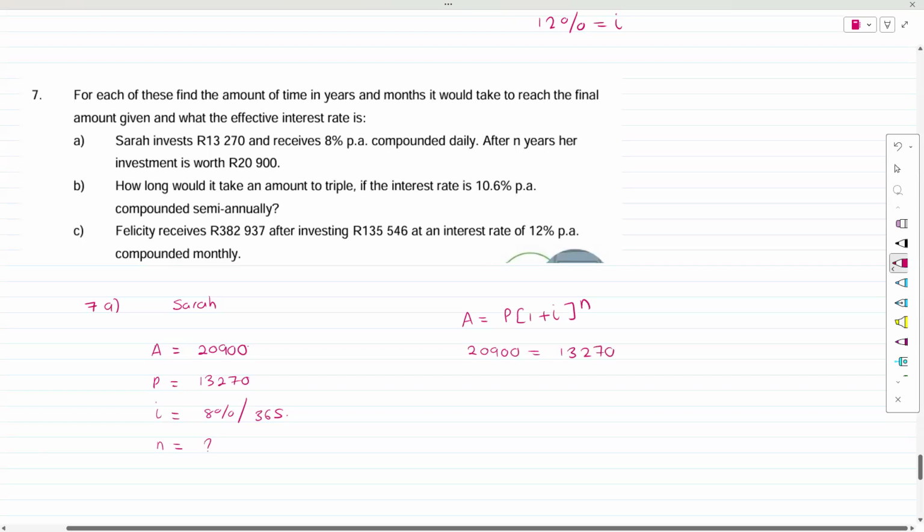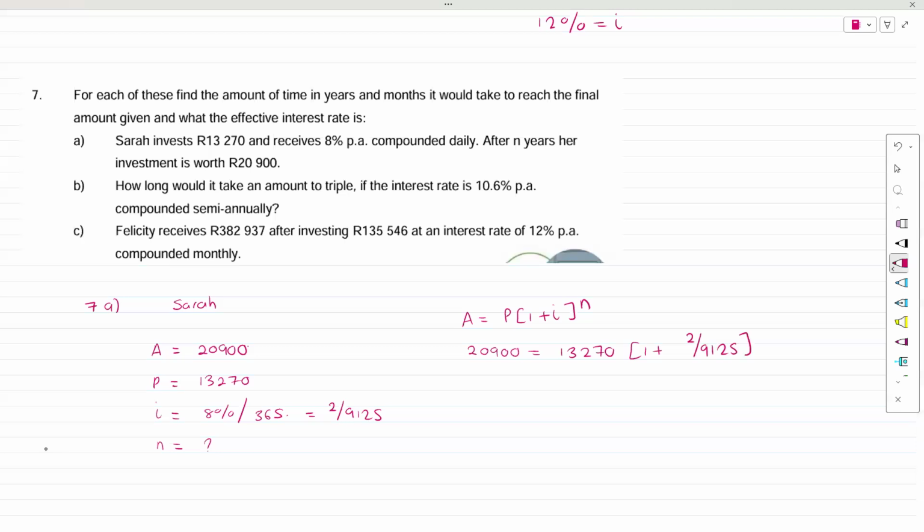I'll do it step by step, but if any of you don't understand, we'll sort it out. 365, this is 2 over 9,125, and that's to the power of n.